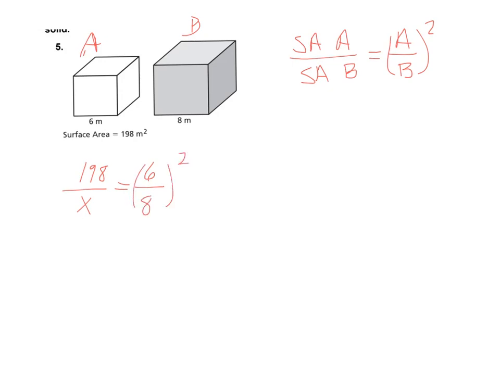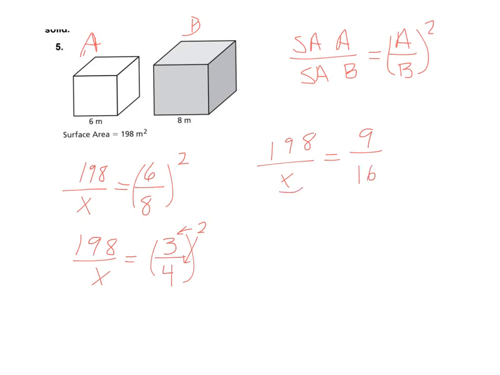Now, before we square it, we want to simplify this. So 6/8 simplified. What goes into 6 and 8? Well, they're both even, so we know that 2 goes into both of them. So I'm going to rewrite this as 198 over x is equal to 2 goes into 6 3 times, 2 goes into 8 4 times, and then we have to square that. So that's going to be 198 over x is equal to 9, which is 3 squared, over 4 squared, which is 16.